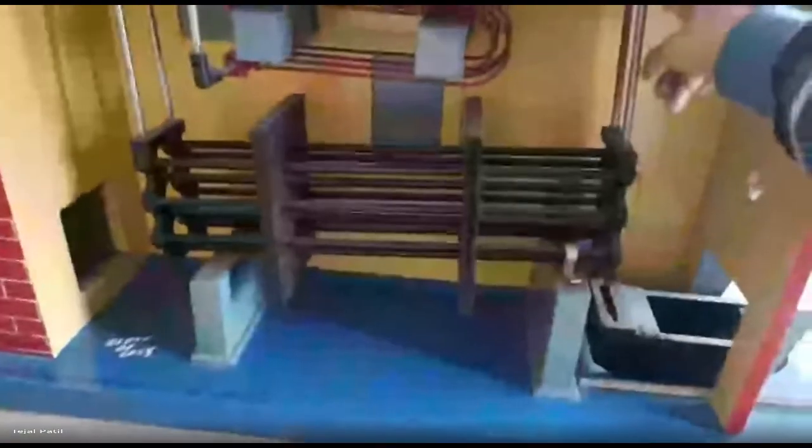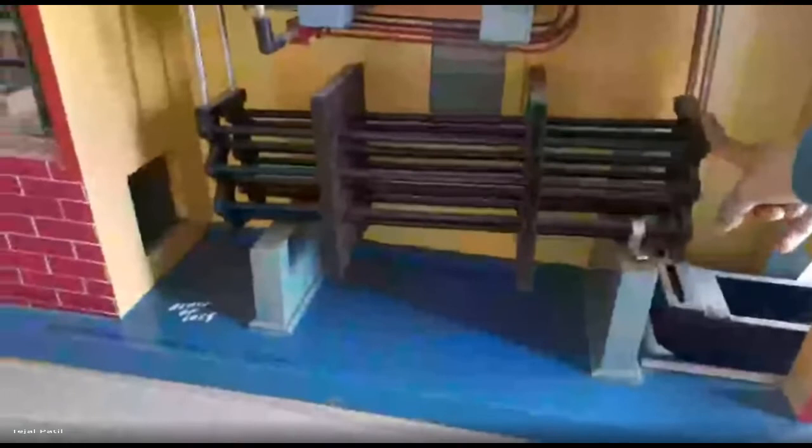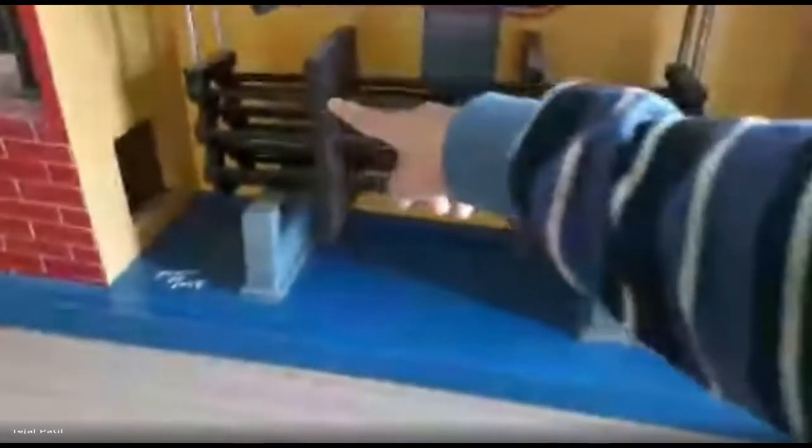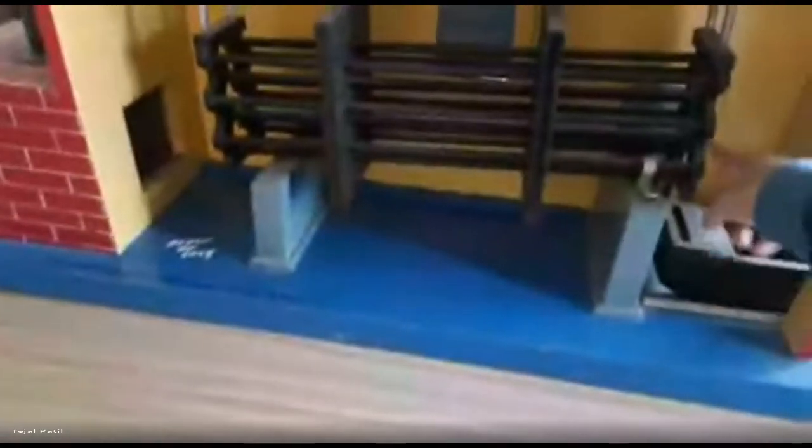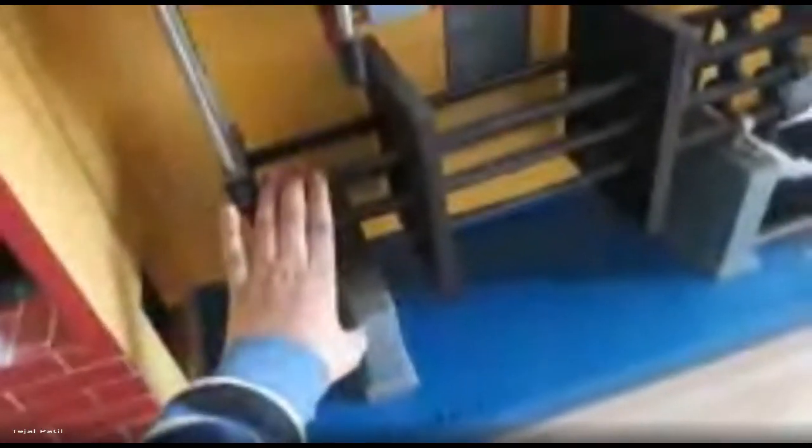From here the water will enter. Whatever water enters will be cold water comparatively. Sorry, extremely sorry, so this is the intake. Here is the intake, so from this side the cold water is there.